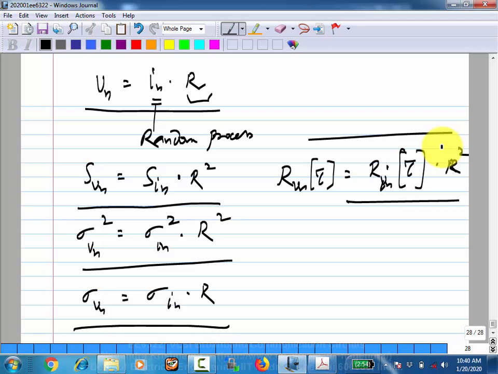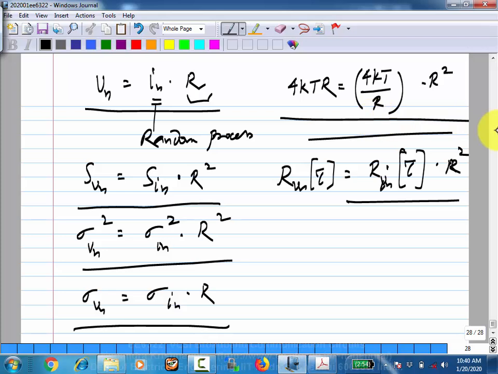So from this it obviously makes sense that the spectral density of Vn is 4kT times R, which is the spectral density of In times R square. Is it fine?